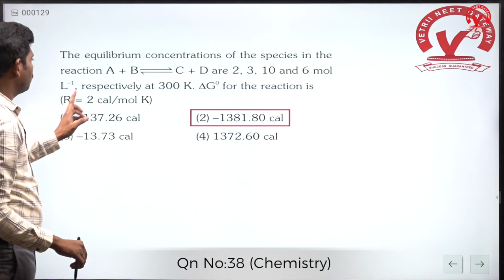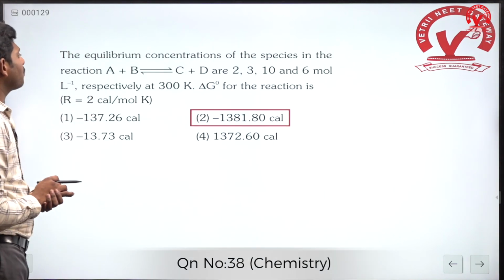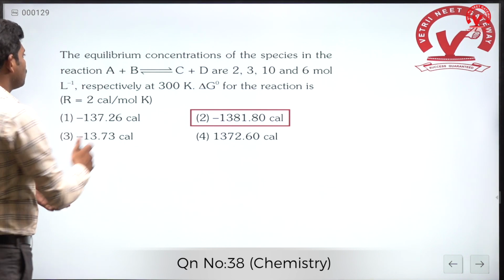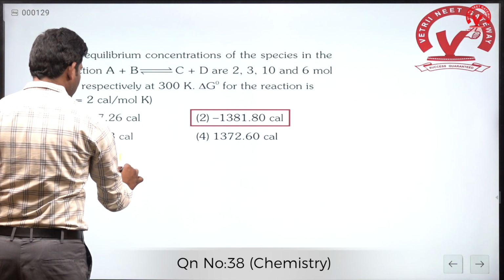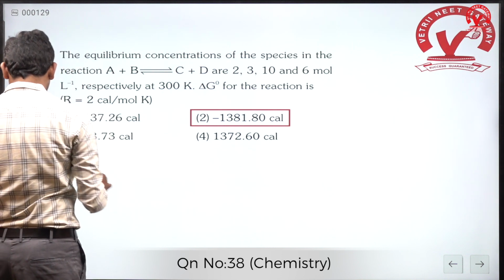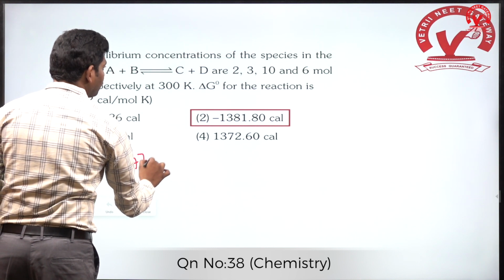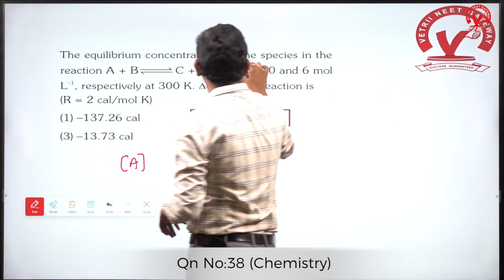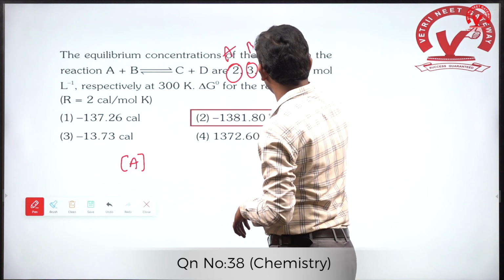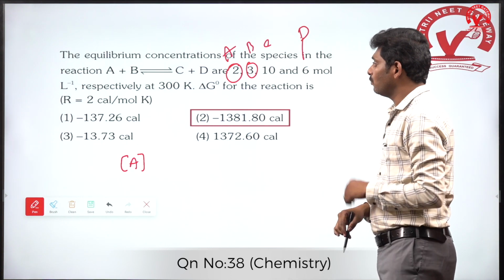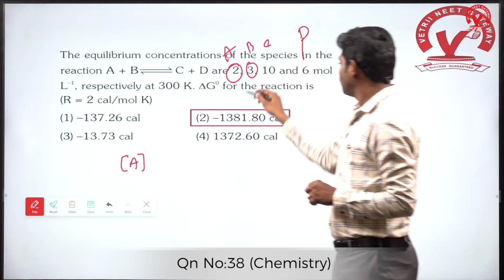Next question. The equilibrium concentrations of the species in the reaction A plus B gives C plus D are given as molar concentrations for A, B, C and D. They are asking for delta G naught.